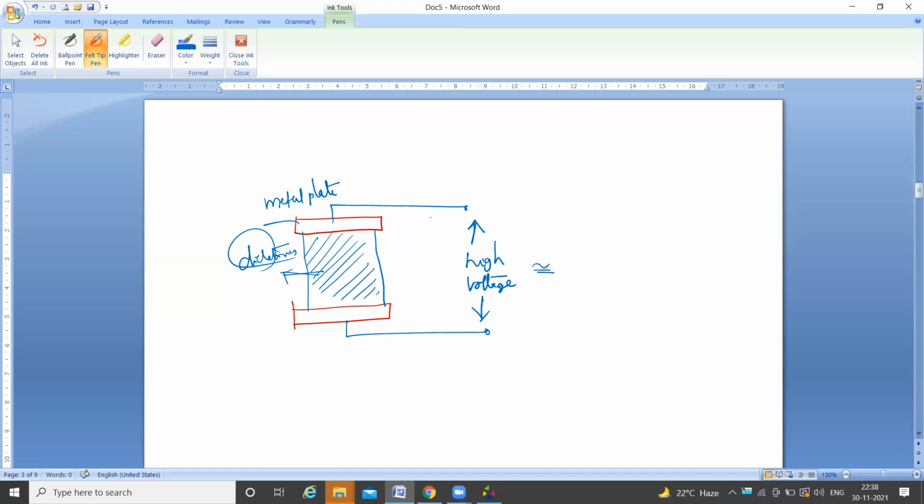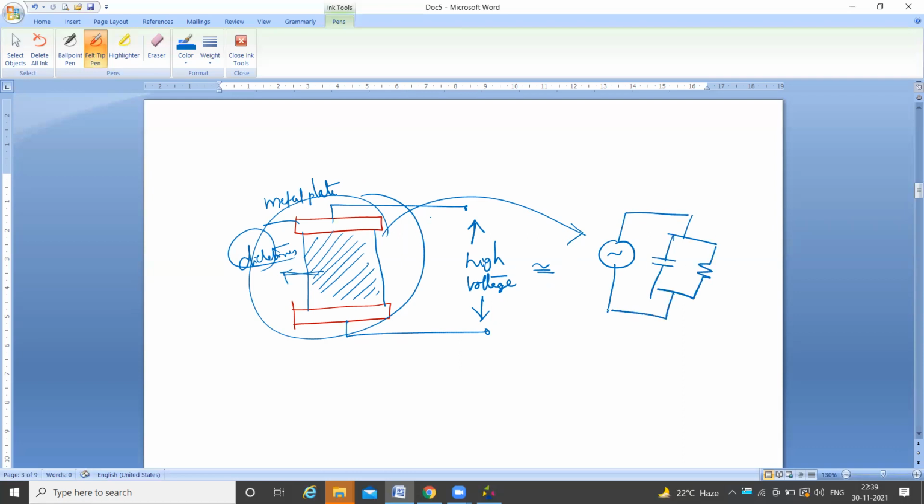Equivalent circuit: V is the supplied voltage, and the equivalent circuit of this capacitor would be a capacitor in parallel with a resistor, with the applied voltage across it. In the equivalent circuit of dielectric heating, losses take place due to the internal resistance of the dielectric material.